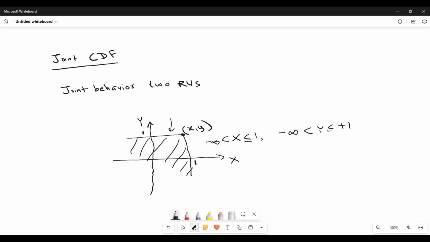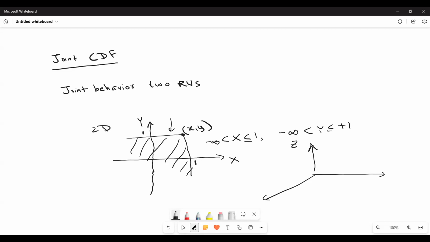The probability of this occurring we can draw as a 3D plot. This is the 2D version, and we can draw the 3D version of this plot on top of this, on the z axis.